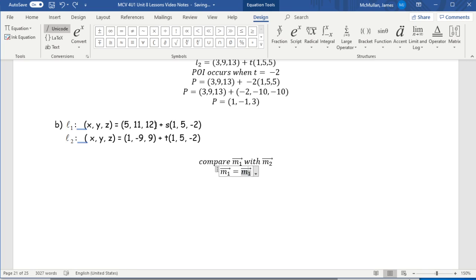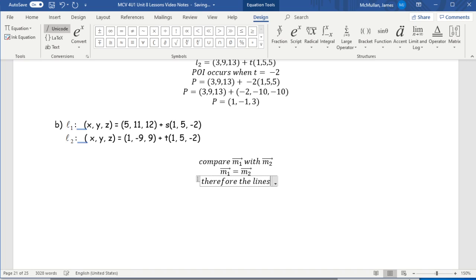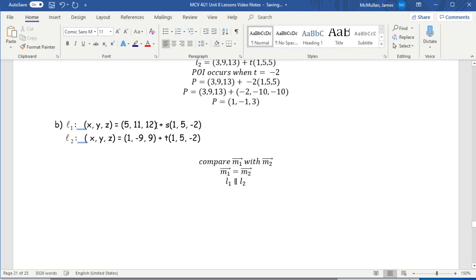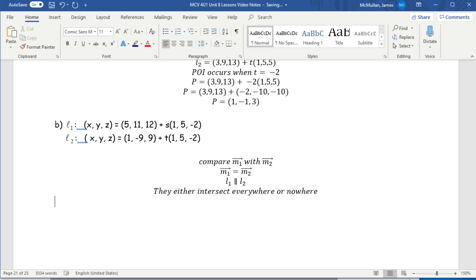And if they're equal to each other, therefore L1 is parallel to L2. Okay, so we know that right off the bat. So our choices are they either intersect everywhere or nowhere, right? So either every point is in common or no points are in common.